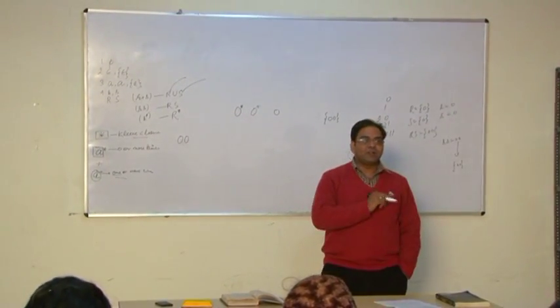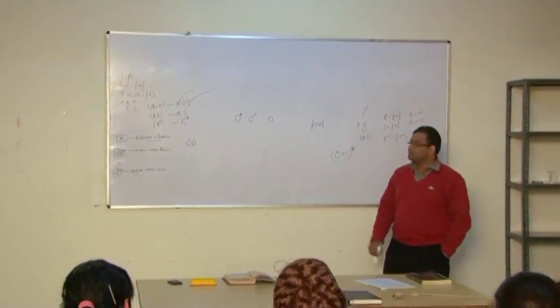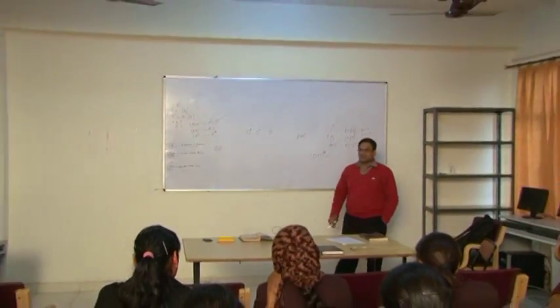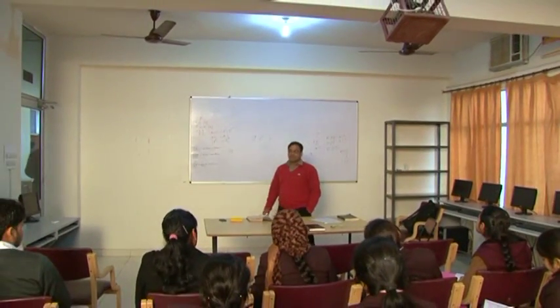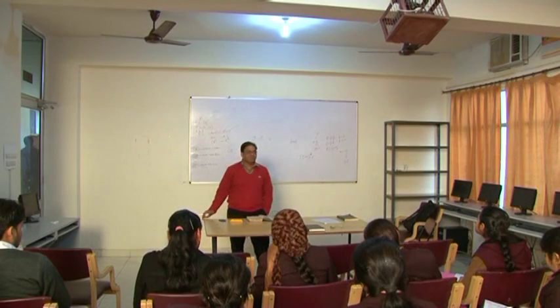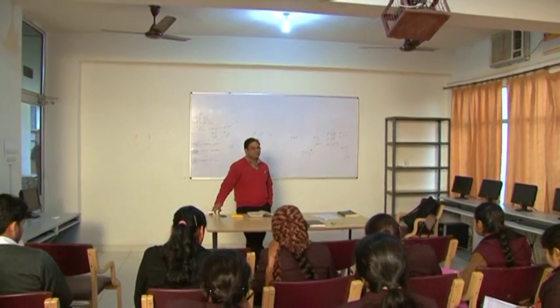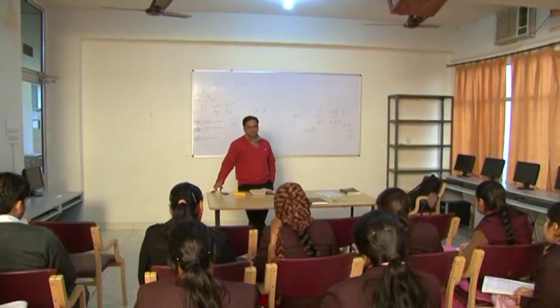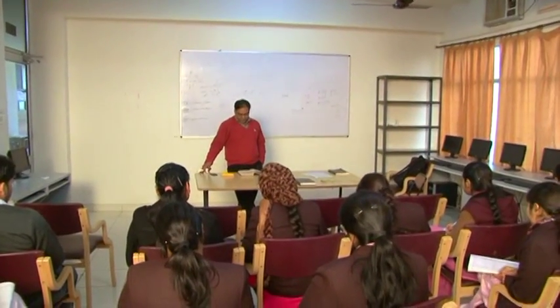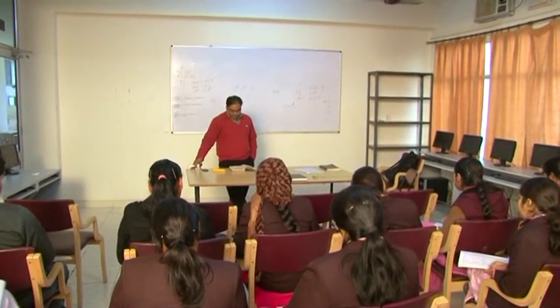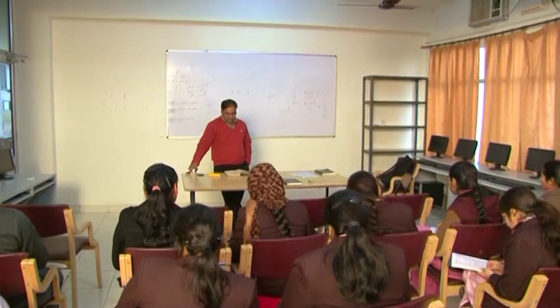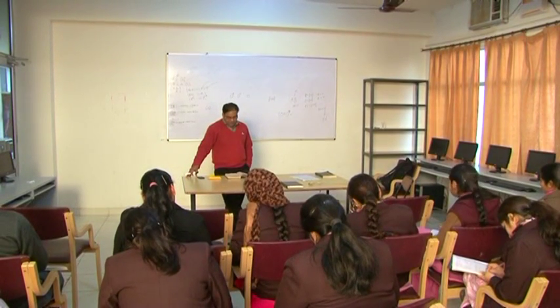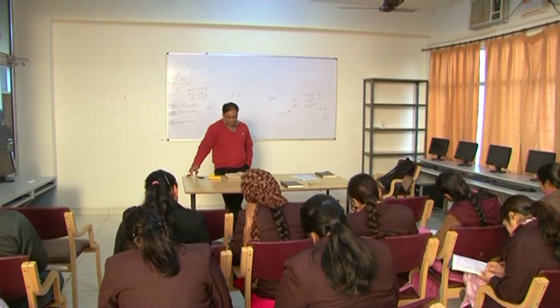And this is a very important question in the final exam. Sometimes it simply asks, write the regular expression to accept any string of zeros and ones. So that is the simple answer. So then move to the next one.